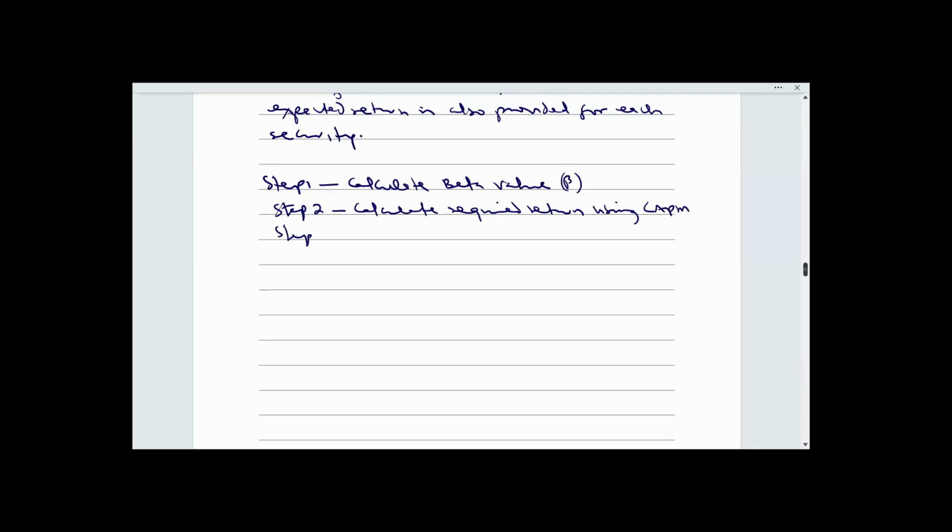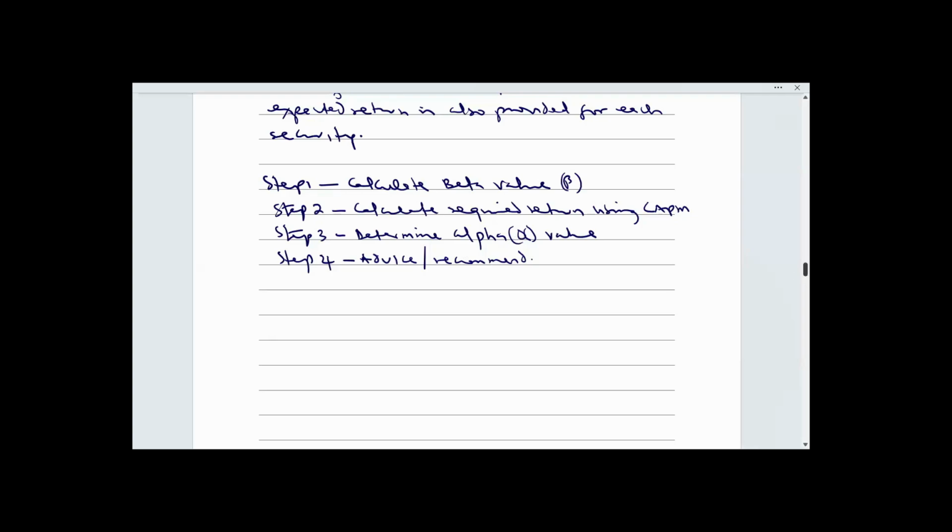Then step 3, determine alpha value. Then step 4, advise or recommend. Usually when you have any question on alpha value, these are the procedures you're supposed to carry out. It's not a procedure per se, but just to guide you on what you need to do.